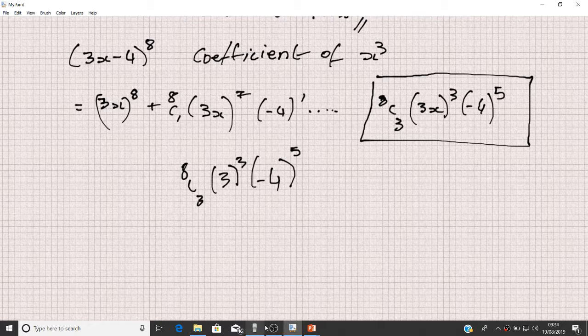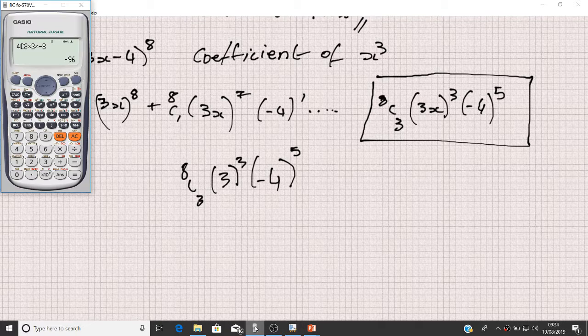So we bring up the calculator, and on the calculator, we can do 8 shift C3 times 3 cubed, we know is 27, times negative 4 raised to the power of 5, and that will give us the coefficient we're looking for.